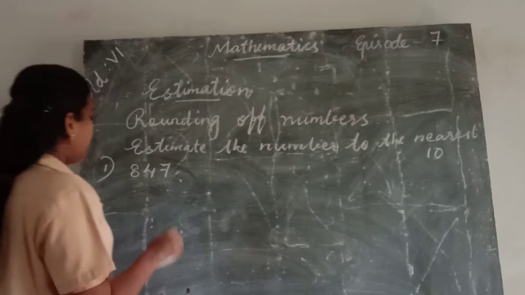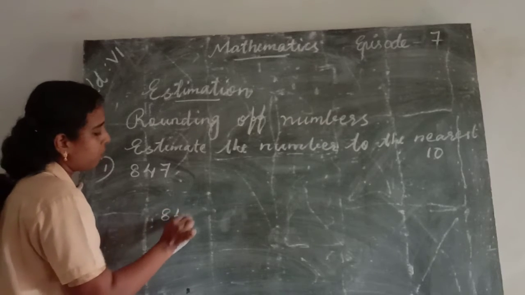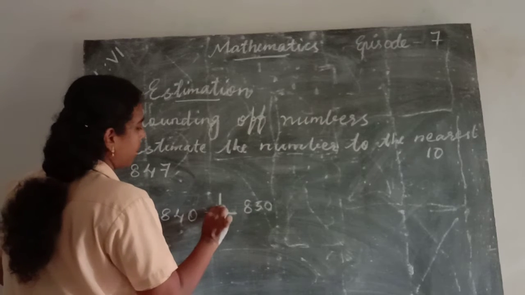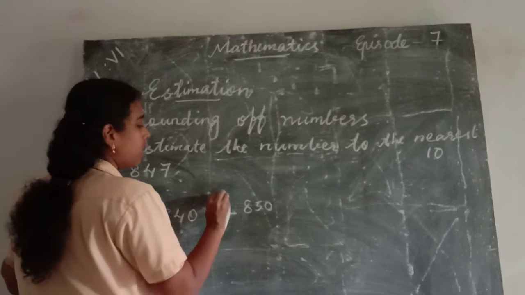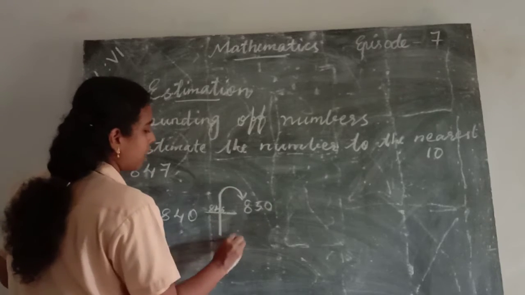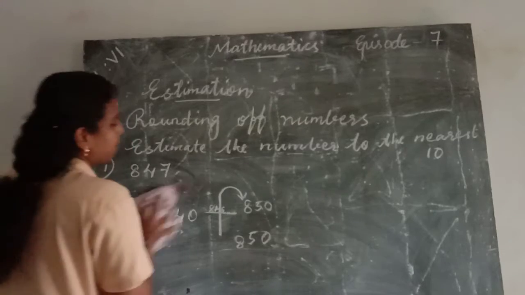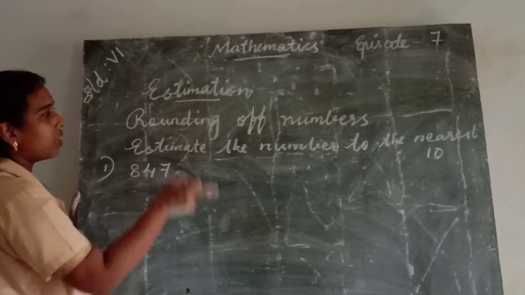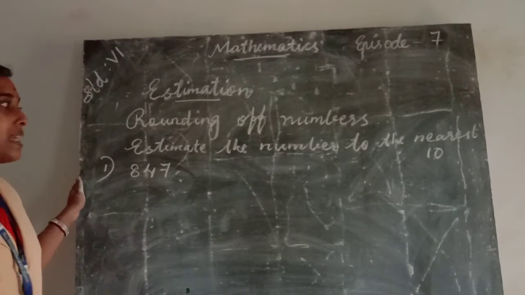Generally we say that 847 is between 840 and 850, and the middle point is 845. Here 847 is above the midpoint, so we round up and we can write 850. And in an easy way, we want to estimate the number to the nearest 10.